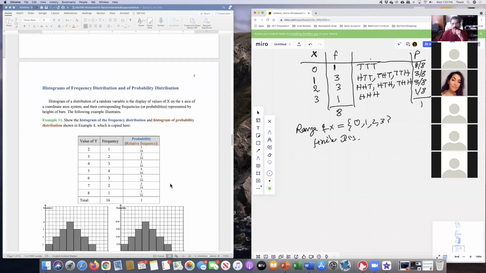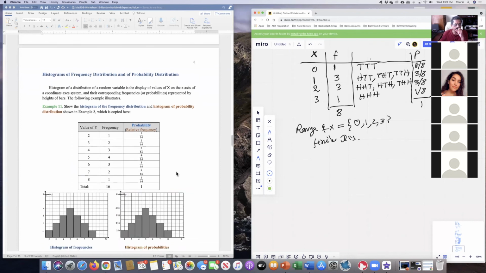Okay, now the histogram. We need to understand the histogram. A histogram is a way of showing these numbers in a picture. They say a picture is worth 1,000 words, which is true. Showing a picture is always very revealing, a lot more revealing than looking at the numbers, because you can see the pattern of how they behave.